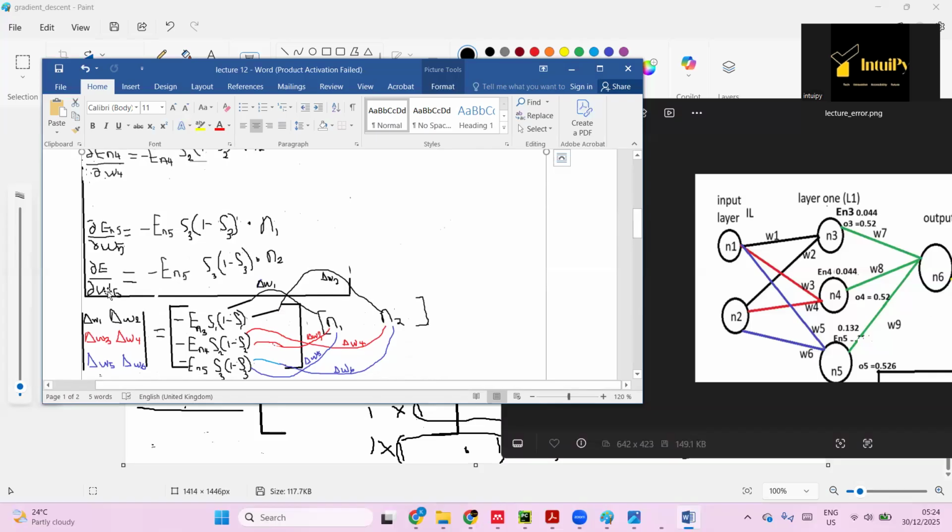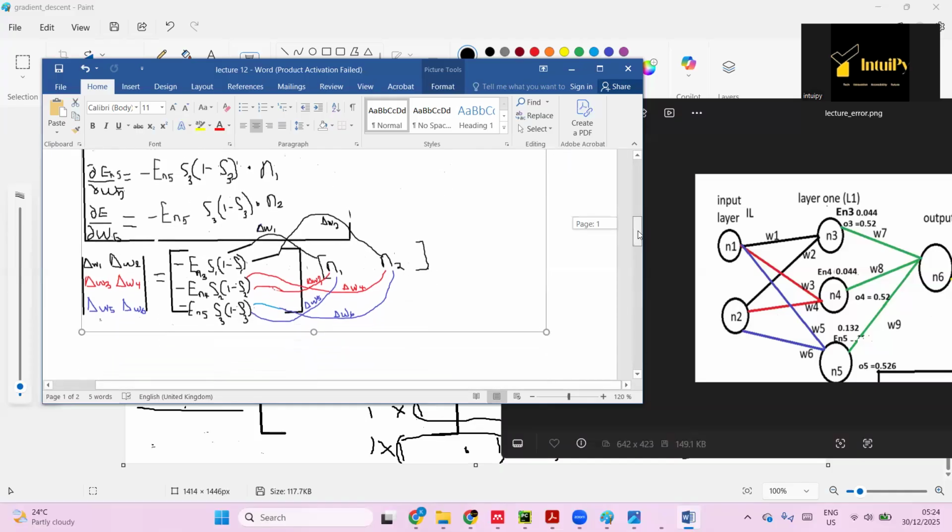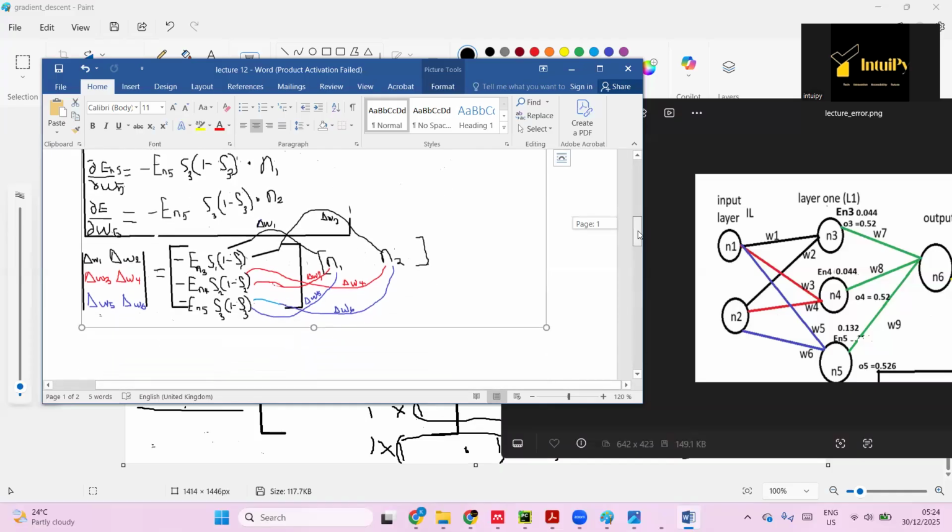So for W6, we look at the error in front of it, which is EN5, and then the output from the previous layer, which is N2. And then we can also merge this and convert it into a matrix format. And then you can see, this times this gives you how much to adjust W1. This times this will give you how much to adjust W2.